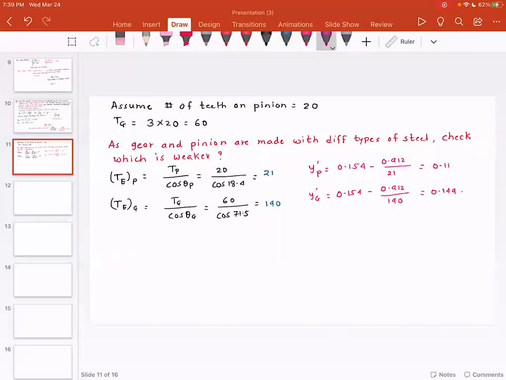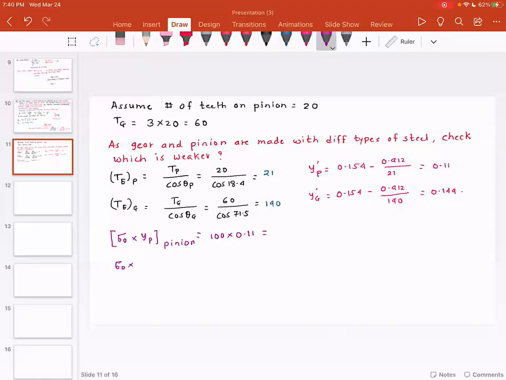So then we have to check sigma O multiplied by Y prime. This is for pinion, and that is 100 multiplied by 0.11.